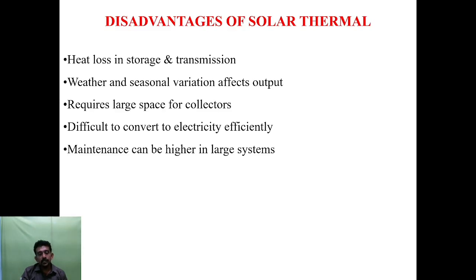Converting this 30 to 31% to electricity again produces a less efficient system, and this becomes one of the disadvantages of solar thermal. And next, in the case of maintenance, this system has higher maintenance due to scaling and corroding issues, as the working fluid gains moisture from the atmosphere, and it leads to higher maintenance, and thereby it consumes a lot of cost.